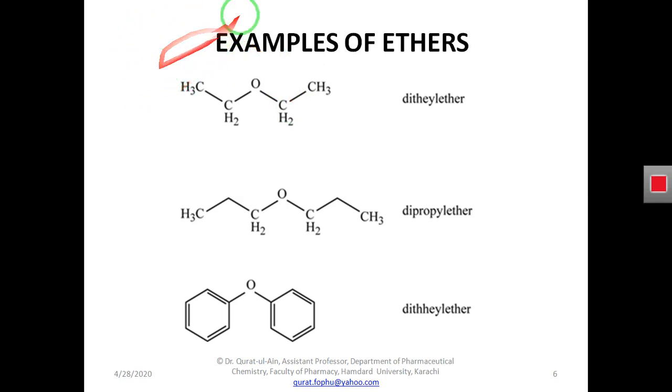So in the case of diethyl ether, two ethyl groups are attached with this oxygen atom, and in the case of dipropyl ether, we can see that two propyl groups are attached to a single oxygen atom, and in the case of diphenyl ether, two aryl groups are attaching with a single oxygen atom.